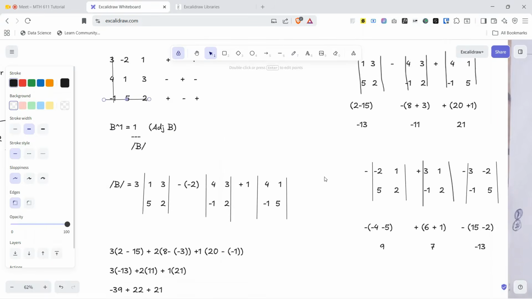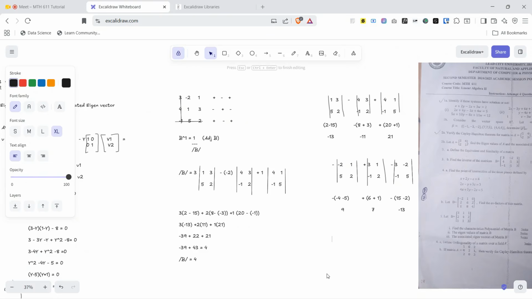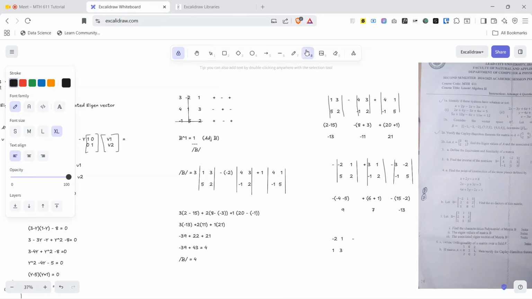We would have minus 2, 1, 1, 3, minus into, so second phase will be minus into 3, 1, 3, 1, 4, 3.